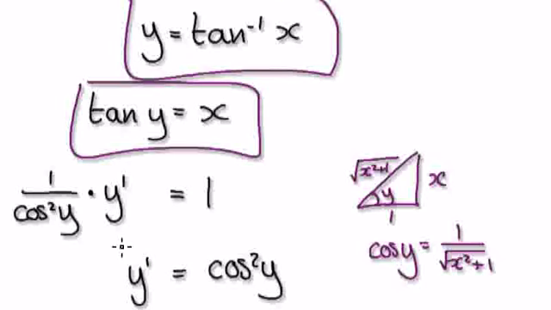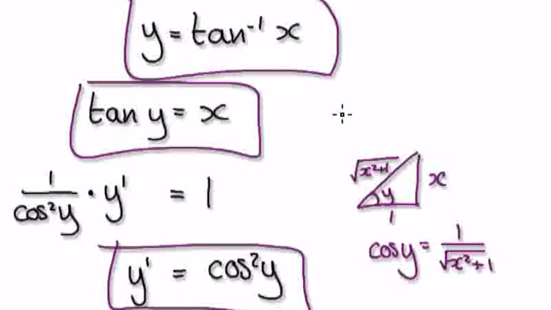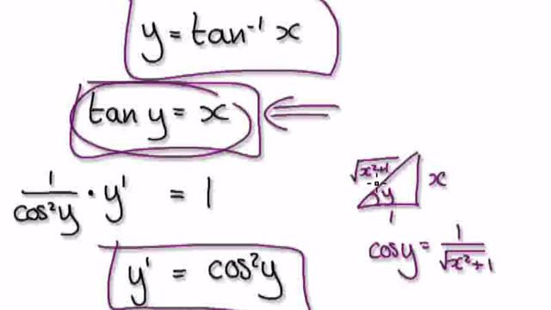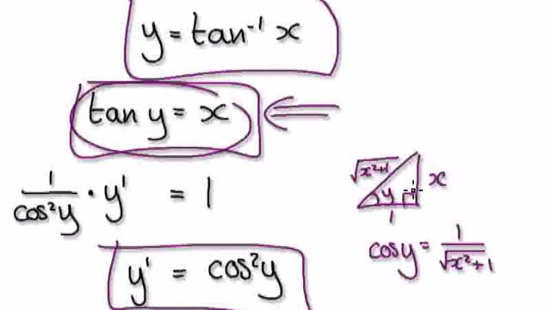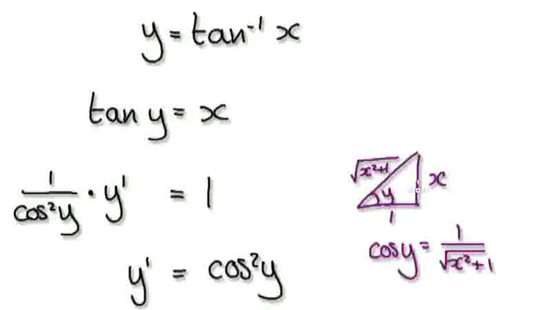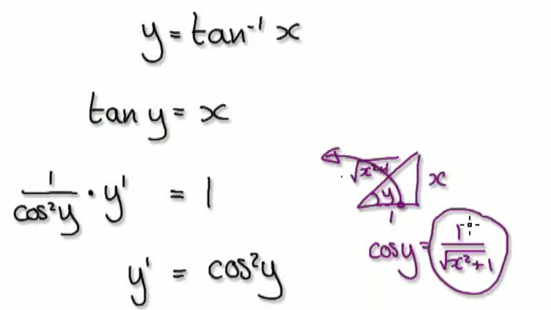But then by looking at this, we translated the situation into a right angle triangle. Tan of y is this thing, but then we translated tan of y into cos of y. Cos of y is this thing here.